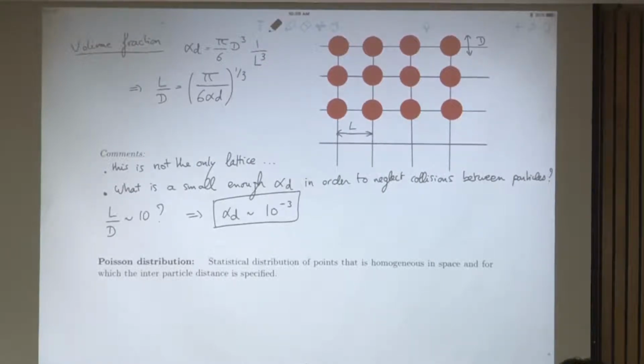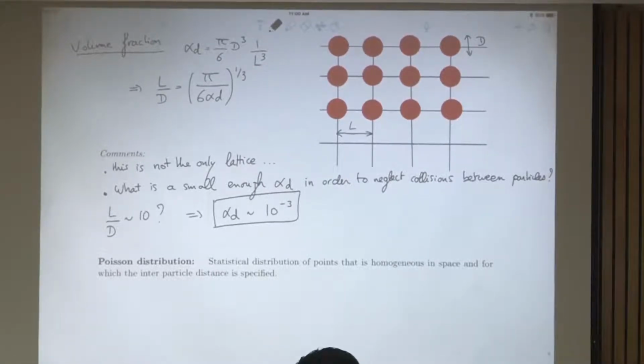If we go back to the question of mass loading, so if I just think about the mass ratio, the mass in the particle phase over the mass in the fluid phase, let's say I consider water droplets in air. My density ratio is on the order of 1,000.